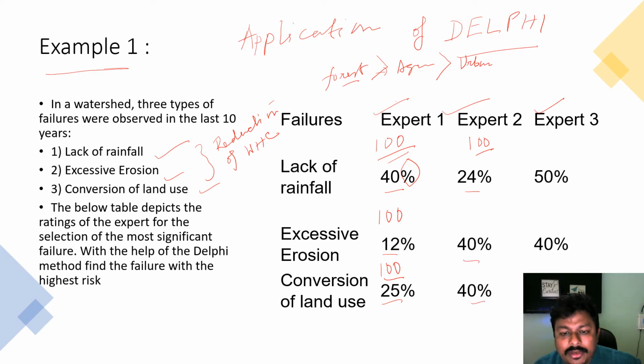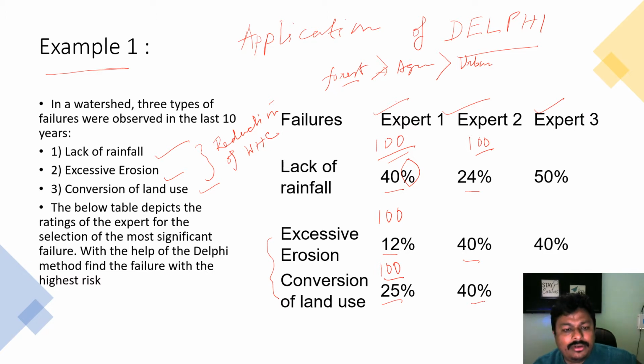He is confused between these two. He is saying that both of these failures are equally important, so he has given the highest numbers to both, and the second highest to lack of rainfall. In the case of expert 3, he has given his own rating.